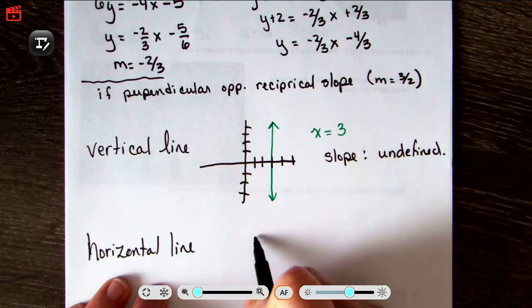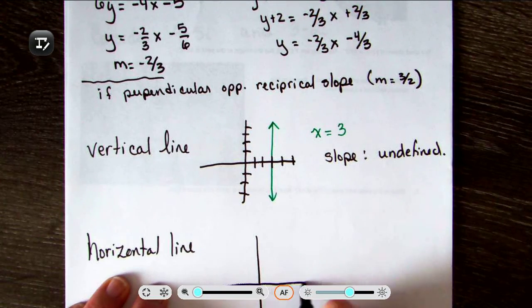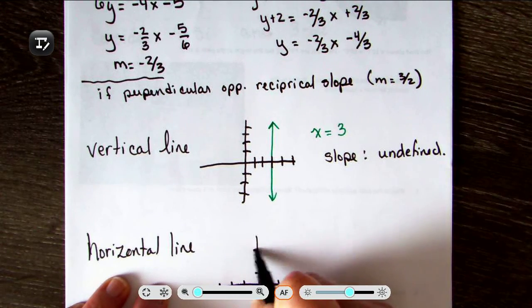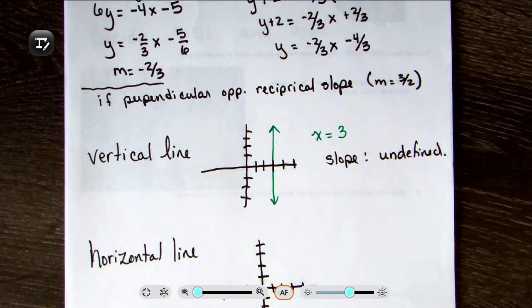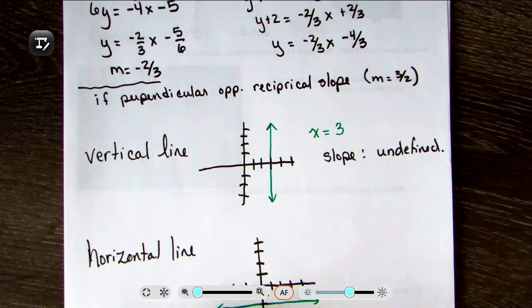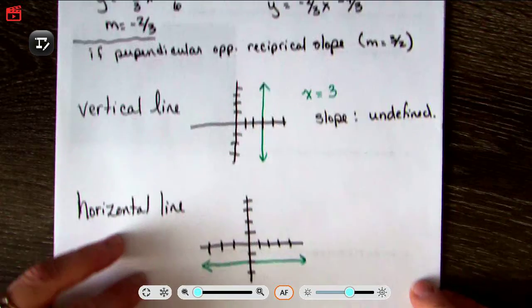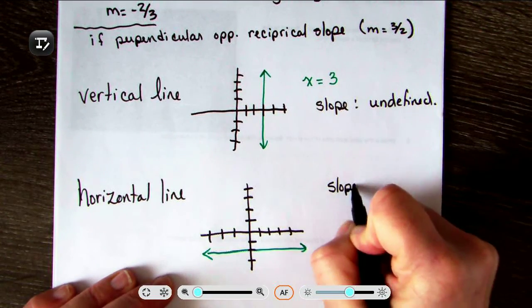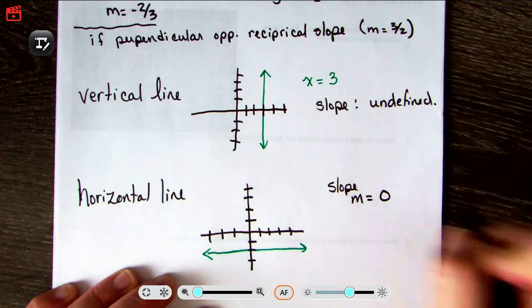A horizontal line does fall into that category, but it still takes on a nice form as well. So I'll put this one down here. Okay, the slope of a horizontal line, our slope, m, is equal to 0.